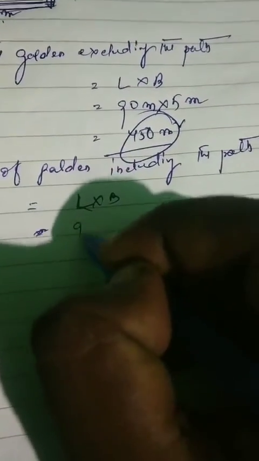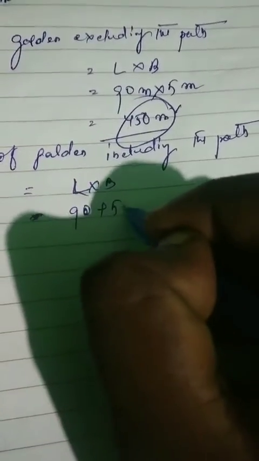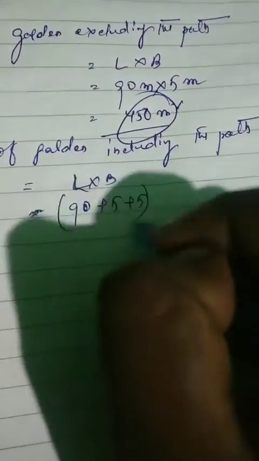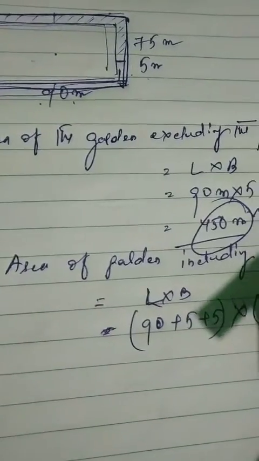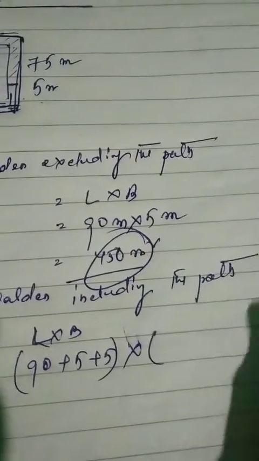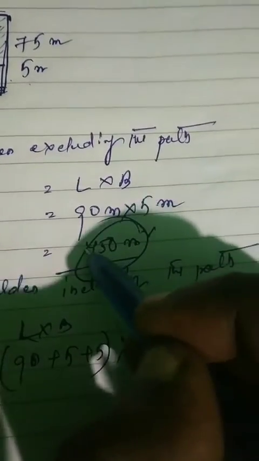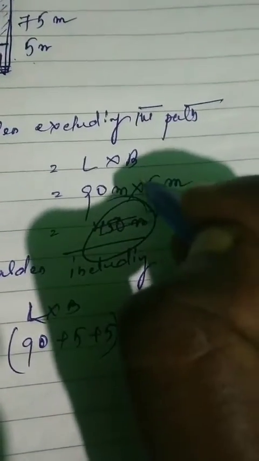So the area of the garden, here the length is 90 plus 5 plus 5 into, what is the breadth, children? Breadth is 70. Children, I made a mistake. I'm extremely sorry. The length of the garden was 90 meter and the breadth was 75, not 5.